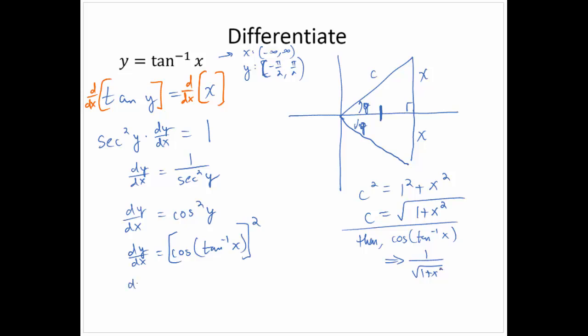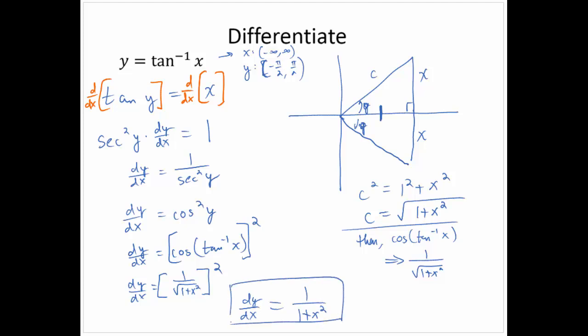And so dy/dx would be 1 over the square root of 1 plus x squared, and that whole thing squared. So dy/dx would be 1 over 1 plus x squared. So the derivative of the tangent inverse function is 1 over 1 plus x squared.